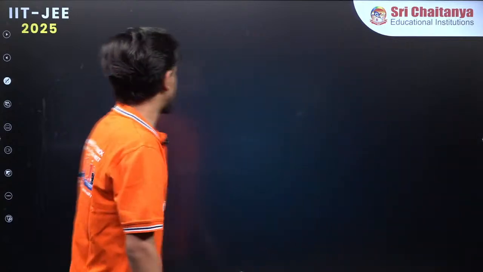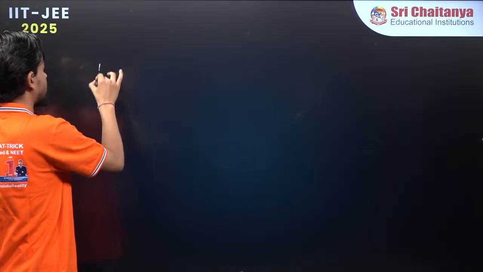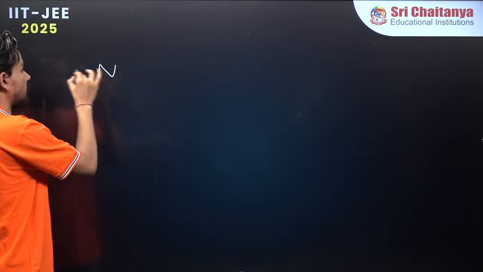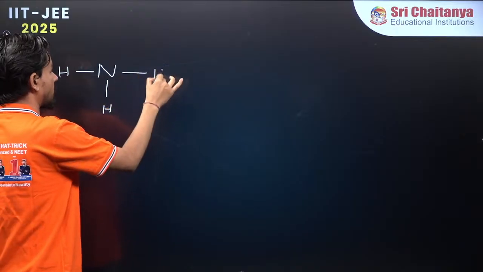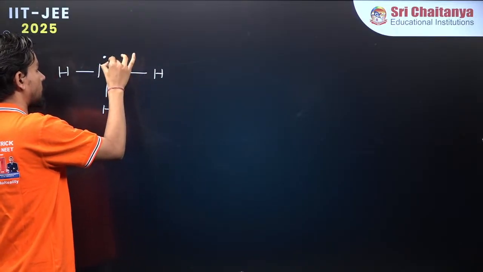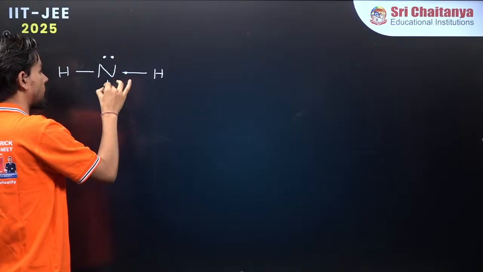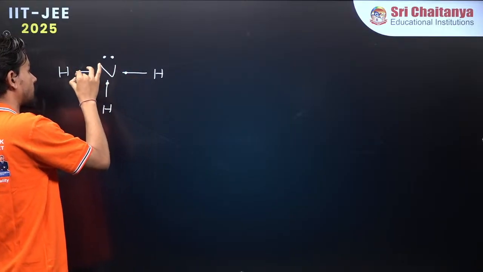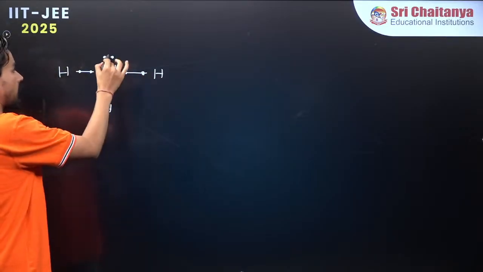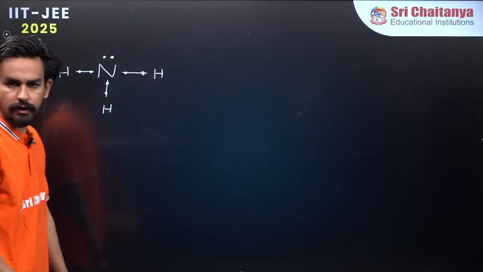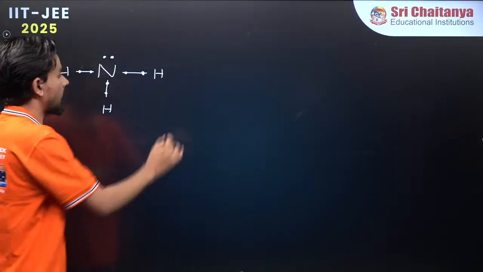Let's move on. See, you have seen nitrogen with 3 hydrogen. Nitrogen has 5 electrons, 3, 4 and 5. 3 of them are shared with hydrogen, and one pair is not shared. This kind of thing is known as NH3, or ammonia.